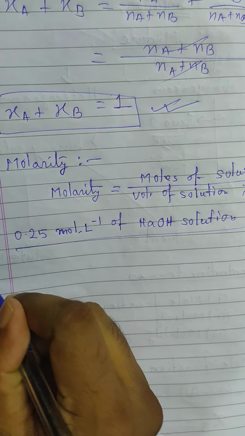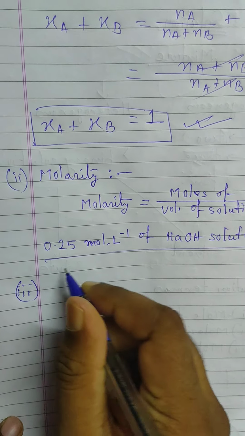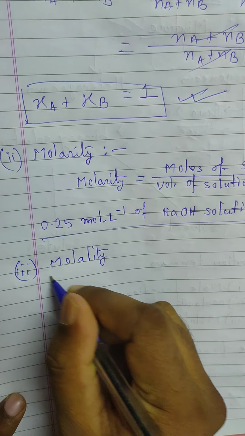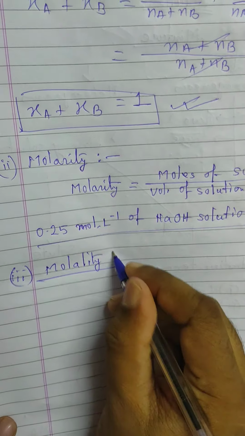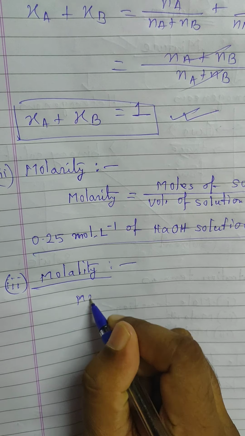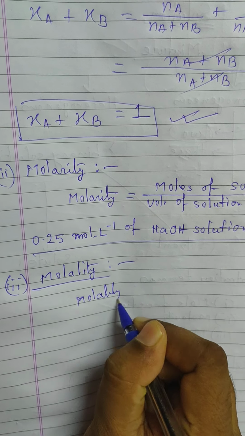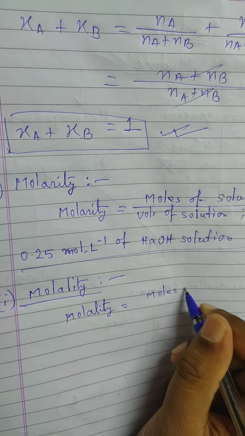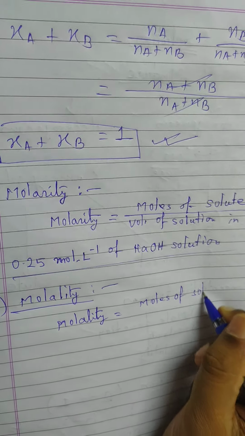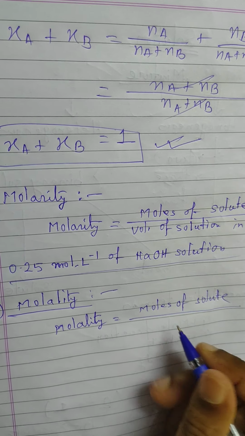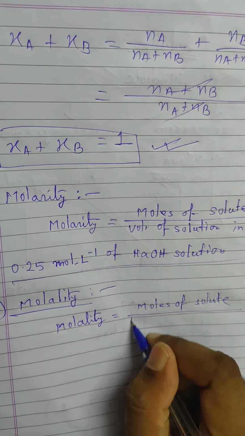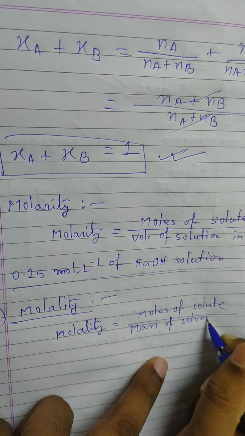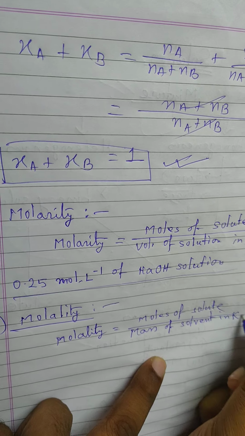Now here comes number 3, which is molality. What is molality? Molality is equal to moles of solute divided by mass of solvent in kg.